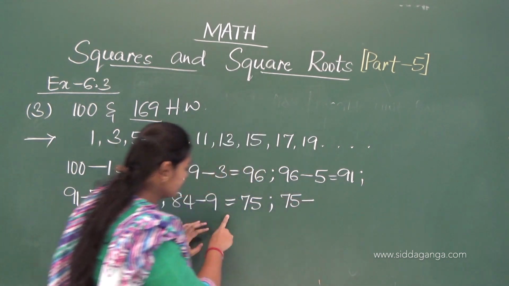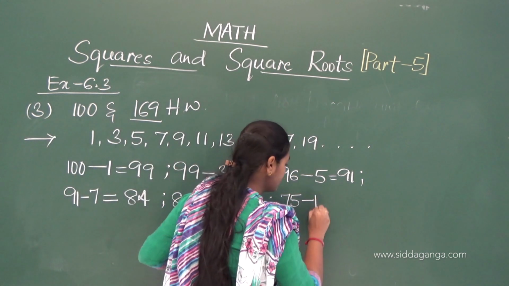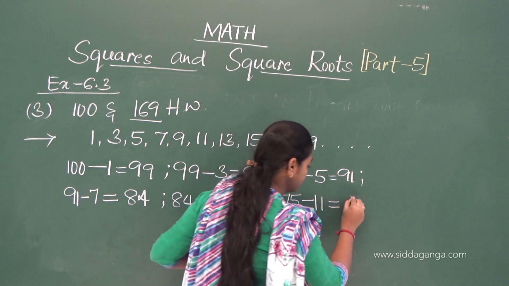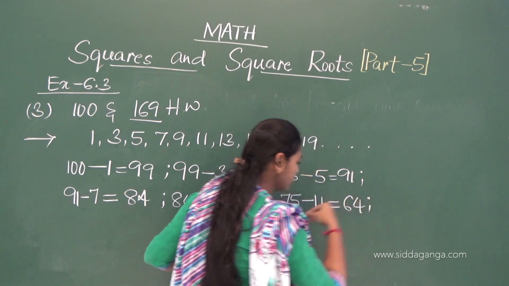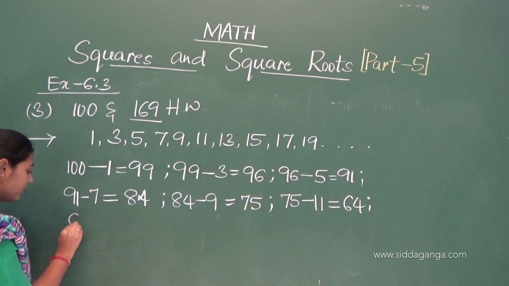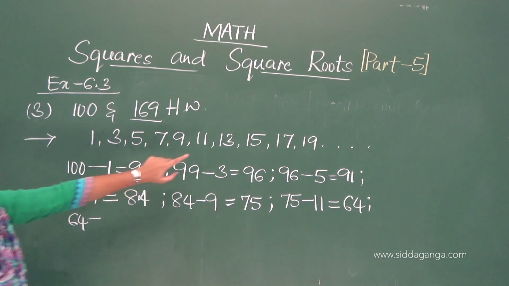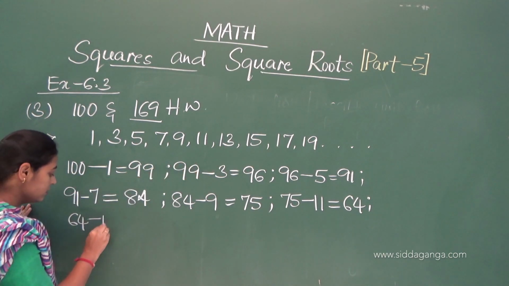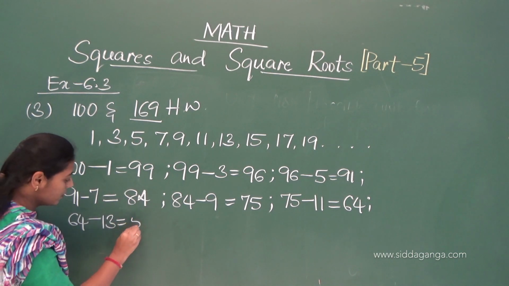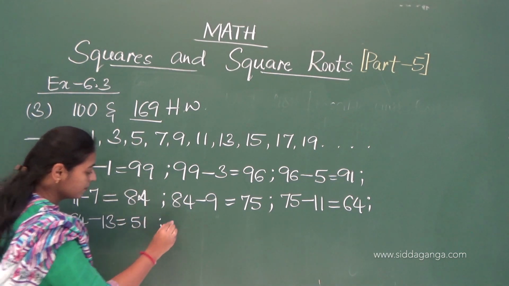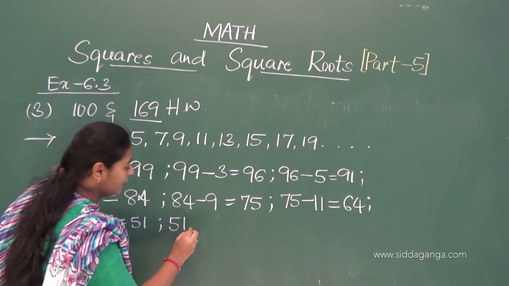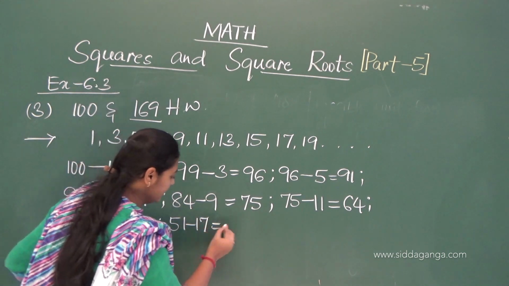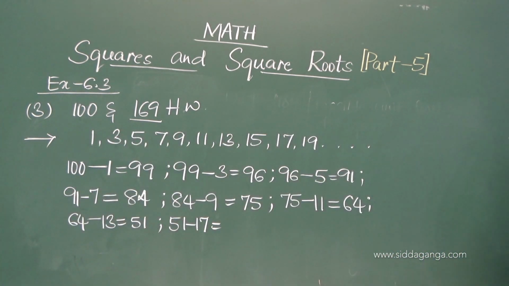75 minus the next odd number, 11, is equal to 64. Again, 64 minus the next odd number, 13, is equal to 51.